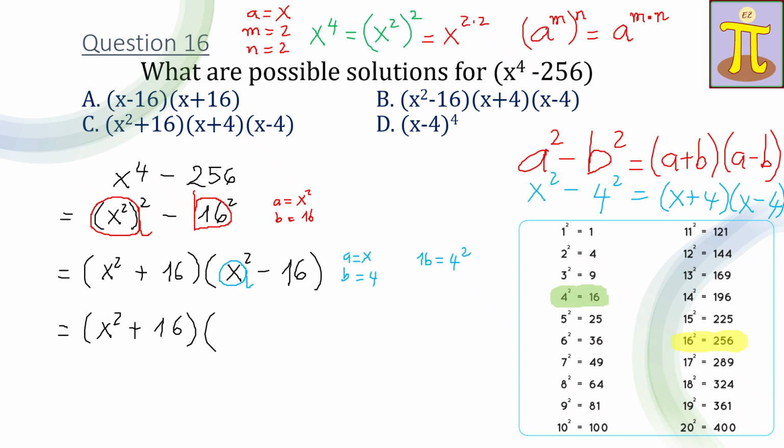I can write down the extra step right here: a squared minus 16 equals a squared minus 4 squared, which equals a plus 4 times a minus 4. Or my x, right? x squared, x plus 4, x minus 4.